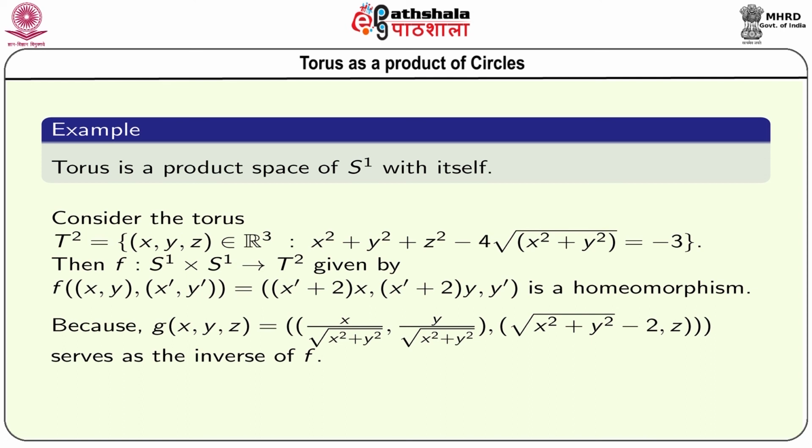Also, the nature of the function g says that g is also continuous. Hence, S1 cross S1 is homeomorphic to T2. So, we can view a torus as a product space of S1 with itself.